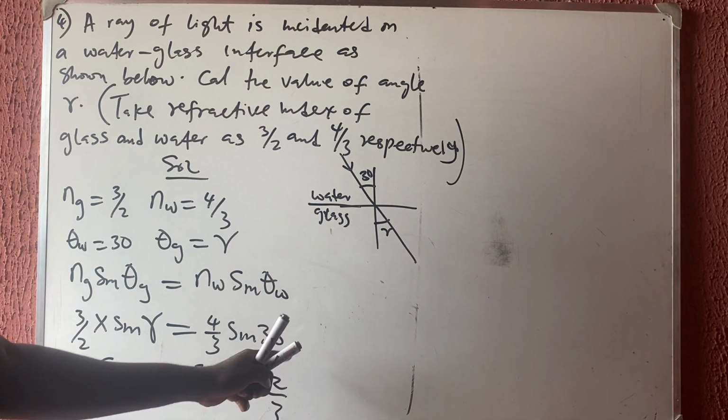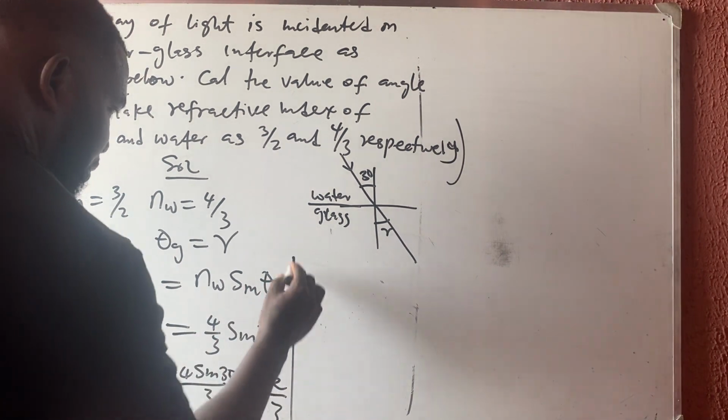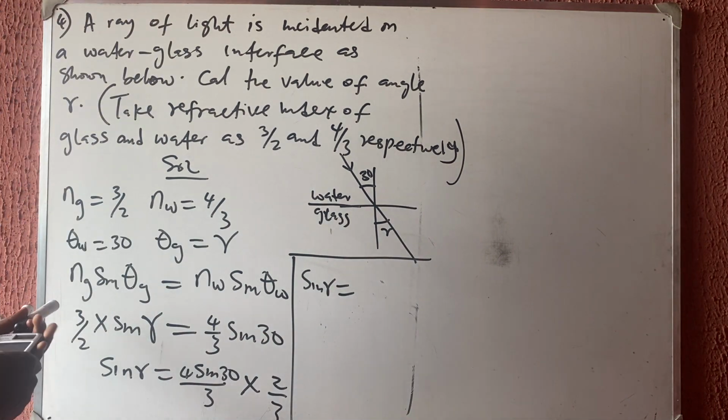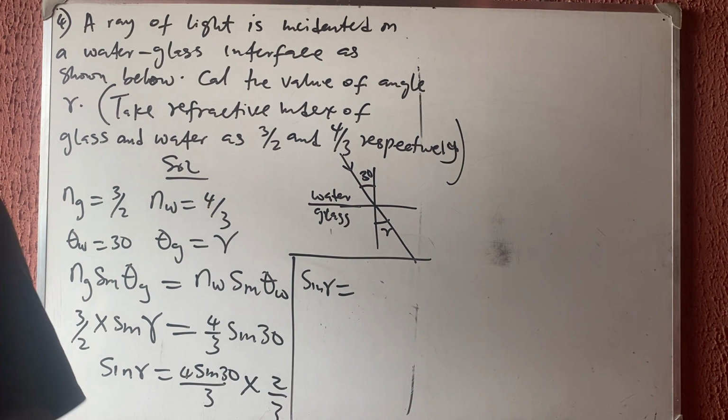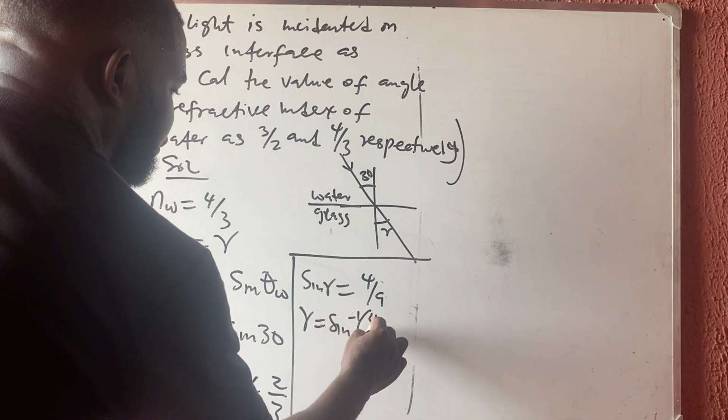If you change divide to times, they will swap. So I'm going to have that sine R is equal to 4 sine 30 divided by 9, then times 2. That is 4 over 9. So 4 over 9 is the answer. Therefore my R will be sine inverse of 4 over 9.